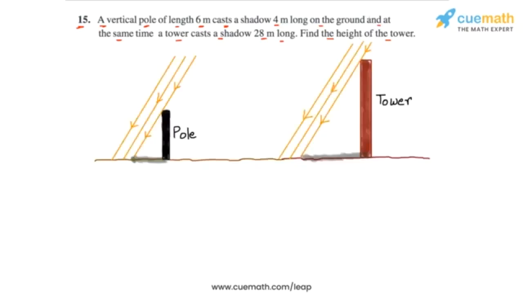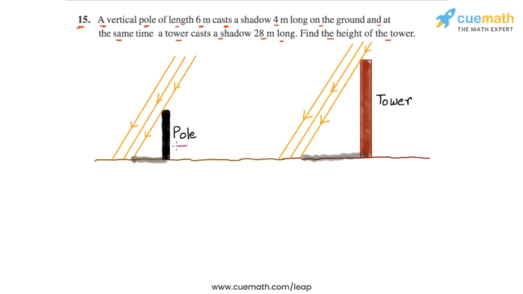To understand this question better, let's first draw a figure representing all the given information. Here's a figure that I have drawn for you, and let me explain this figure carefully, because basically this figure is the key to solving the problem. So follow me carefully as I explain how I've drawn this figure.